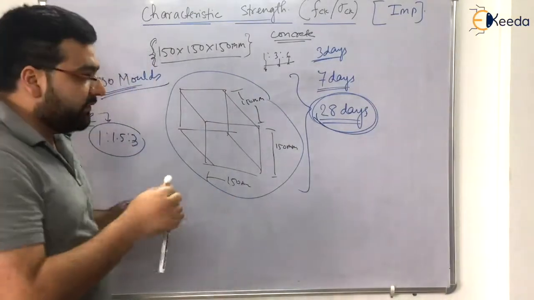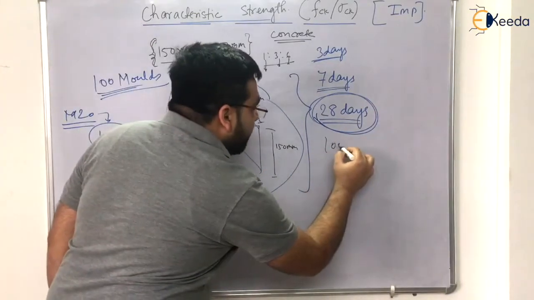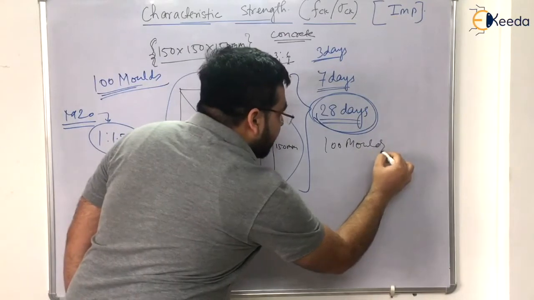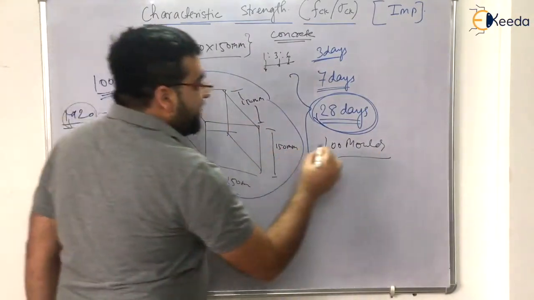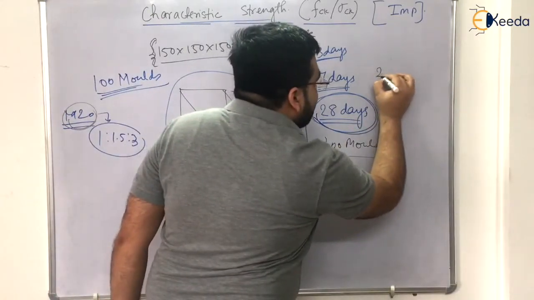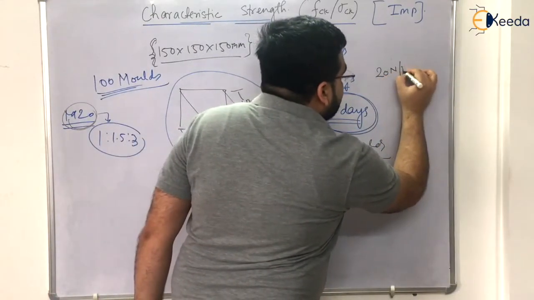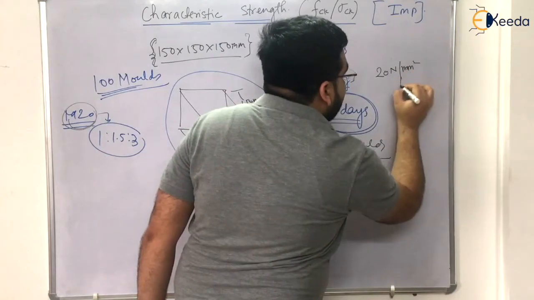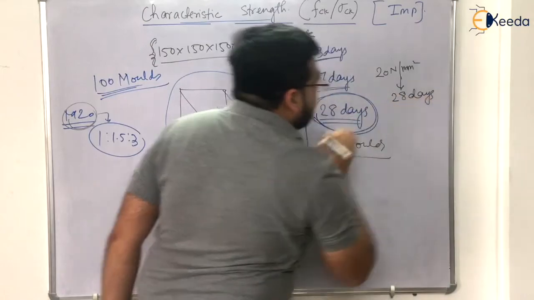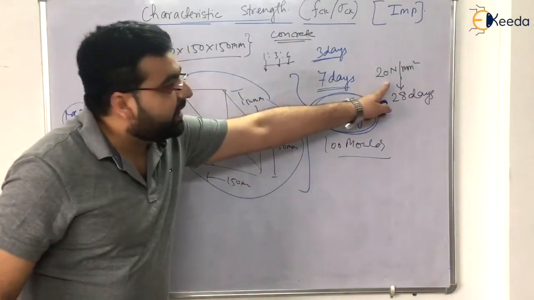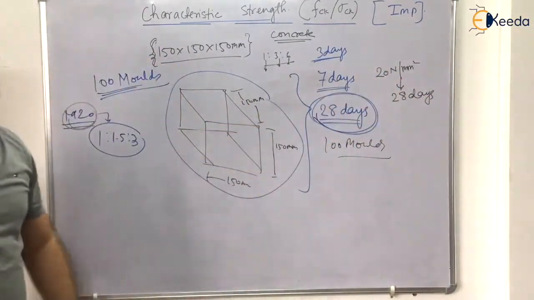Again I am repeating. Let us say you have made 100 molds and you are designing concrete of M20 grade. It means that the characteristic strength should be 20 Newton per mm square at the end of 28 days.